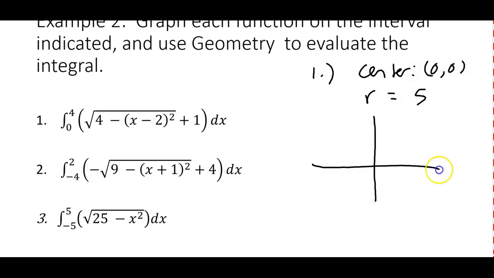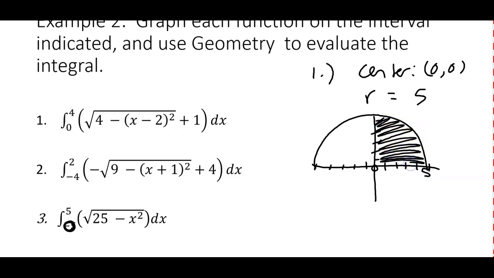Okay, so let's graph it. Top half or bottom half? I'm going to change something. Can you guys change this with me? Change that to a 0. Okay, the reason I wanted to do that is because if I'm going from 0 to 5, I only want this half, don't I?